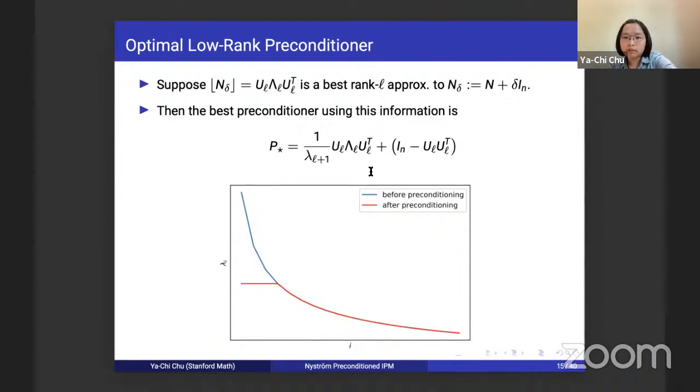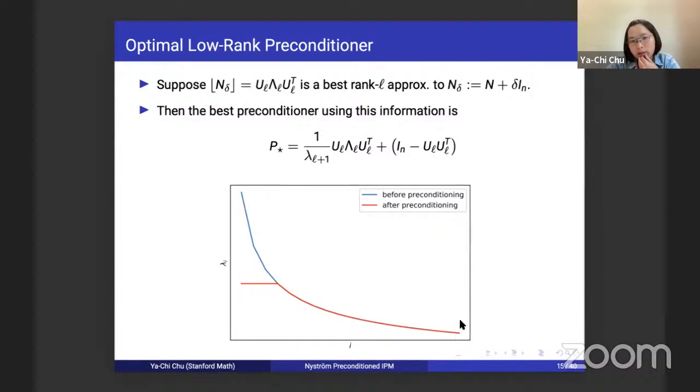So the spectrum after the preconditioning looks like this: you have a flat spectrum, and then the same spectrum as N delta.